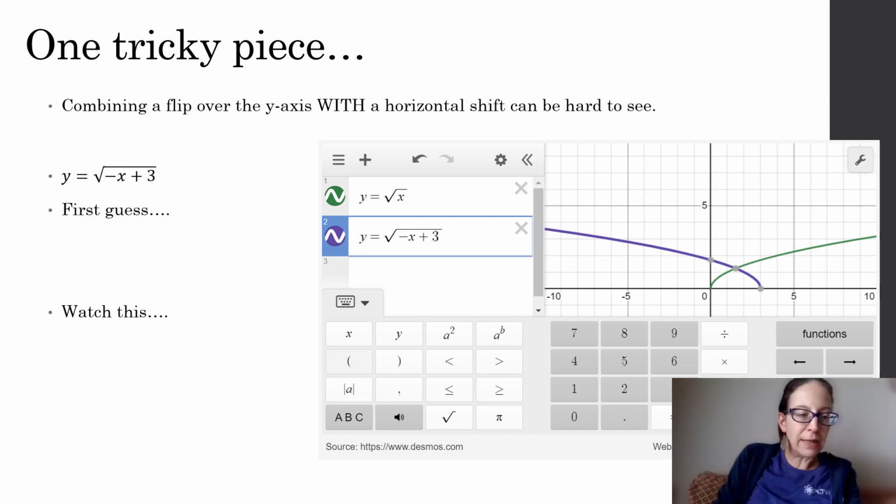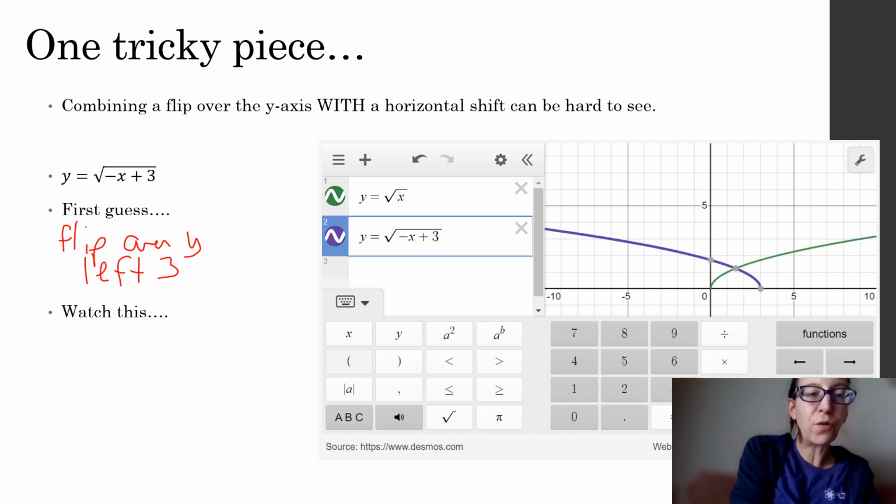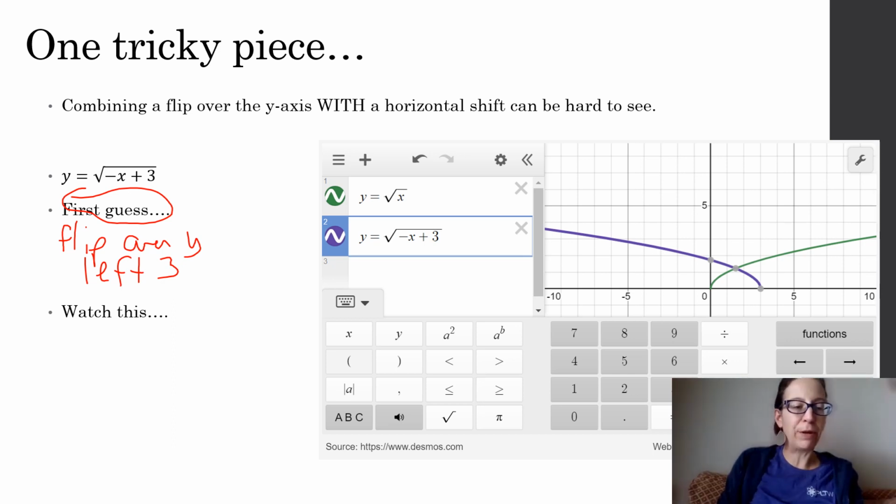So the deal with that is your first guess is probably going to be flip over the y and left 3. That is your first guess. I want you to notice what happens when we graph it, though. Okay, so here is our original, and here is our new one.